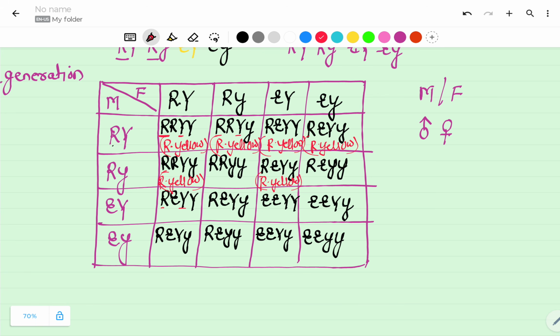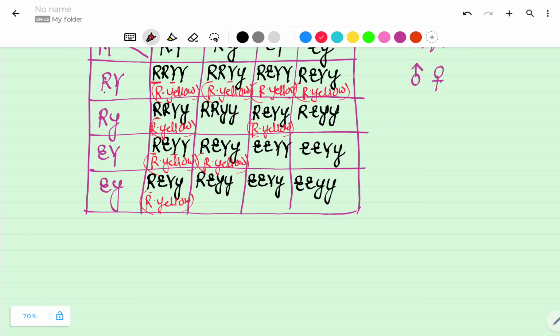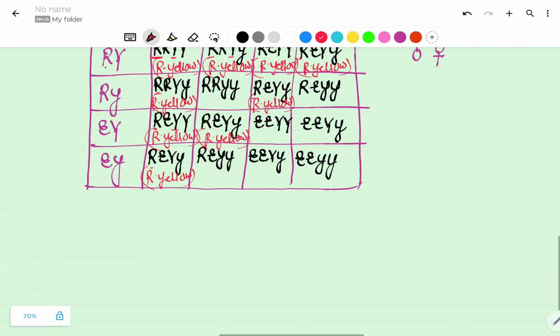Here we write round yellow, and again round yellow. Again last here we write round yellow. So here how many round yellow? 1, 2, 3, 4, 5, 6, 7, 8, 9. So round yellow, how many? 9.